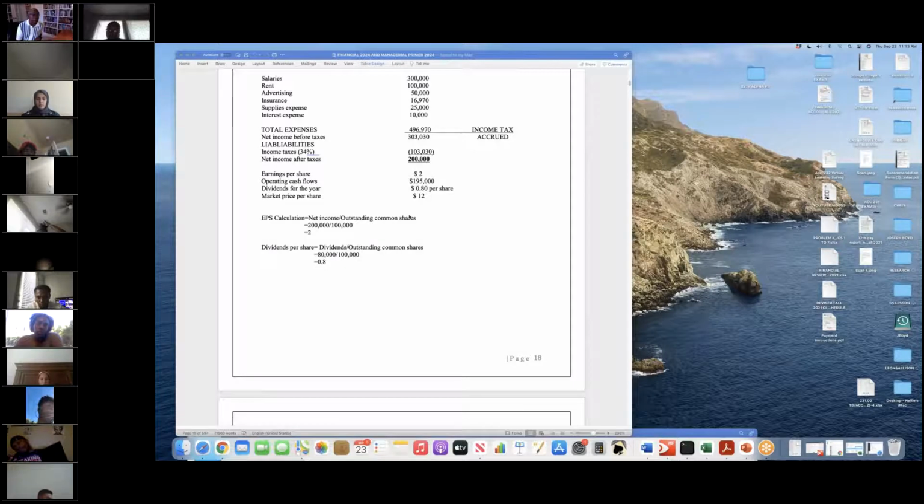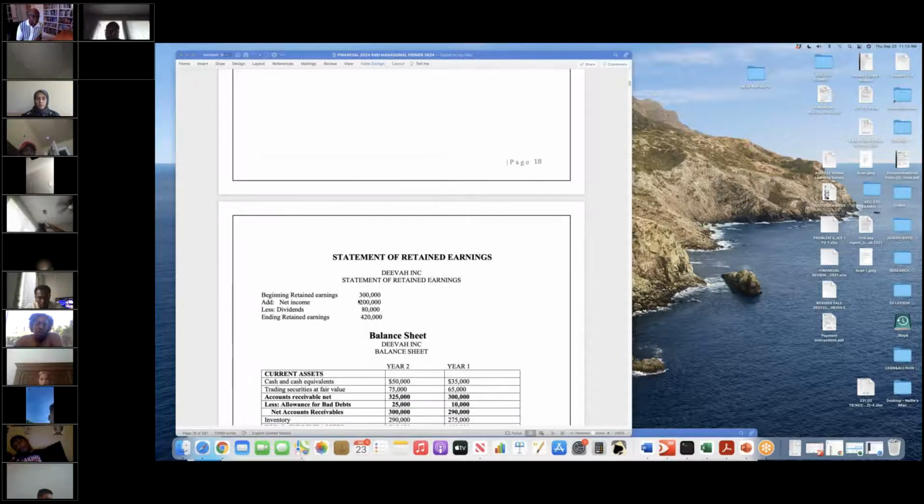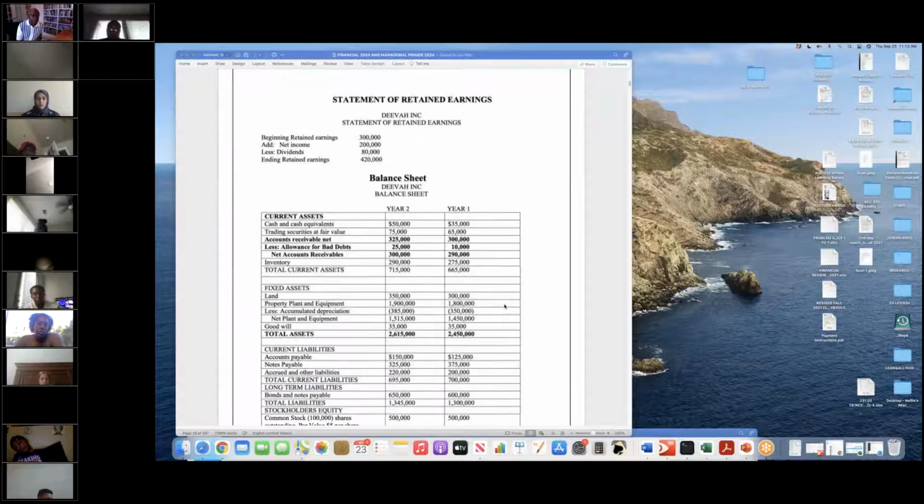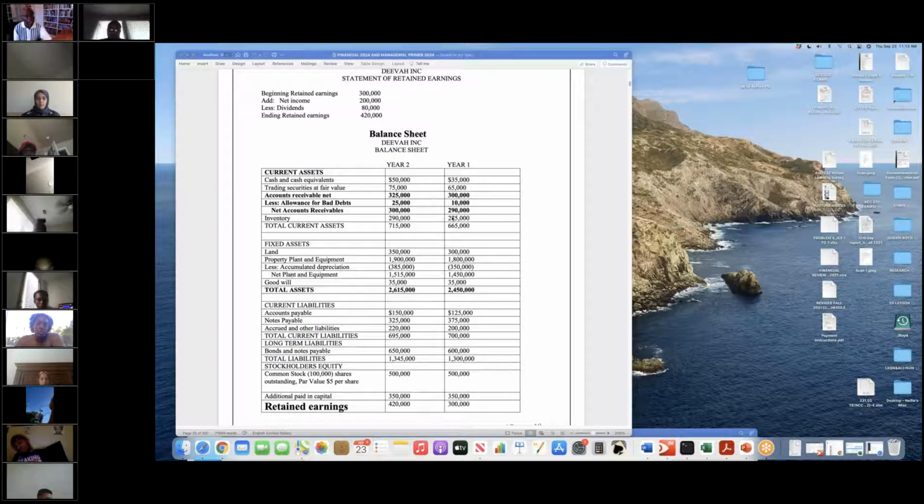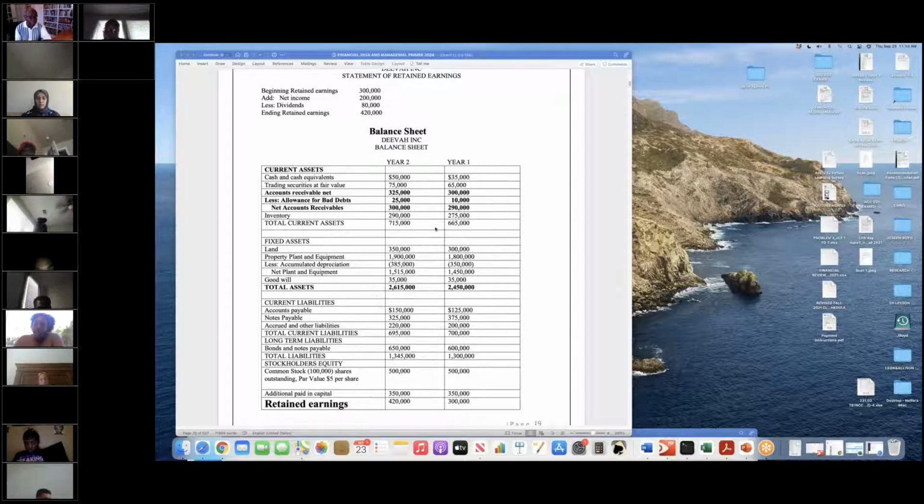How much of it over a period of time have you retained in the business? And finally, you have a balance sheet, which represents the permanent assets you have, beginning of the year, end of the year, of the various assets, liabilities, and your equity in it.